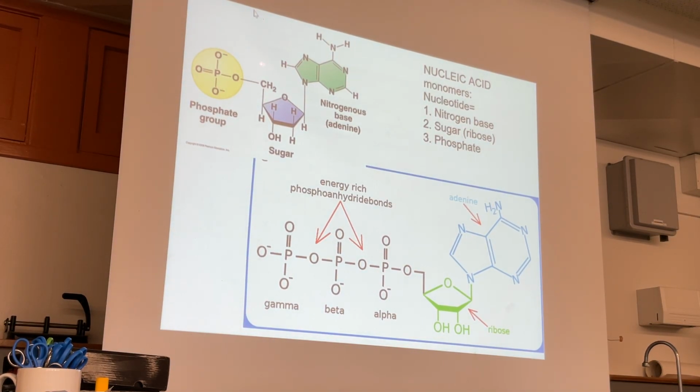And I saved this one as my last macromolecule because I think these are, to me, the biggest ones. Because if you think about DNA, this is one nitrogen base on a nucleotide. The nitrogen bases in DNA, there's 4 kinds: adenine, guanine, thymine, cytosine.